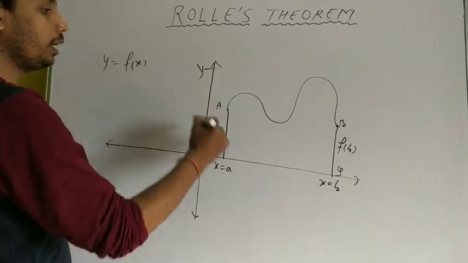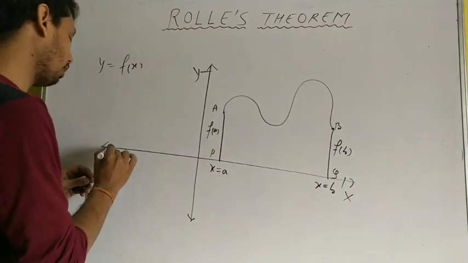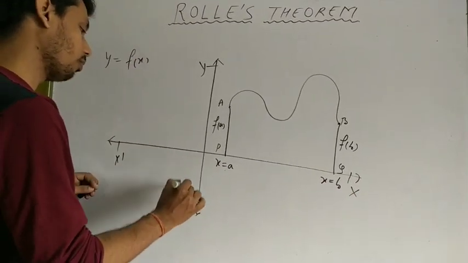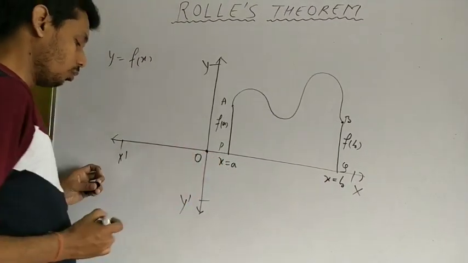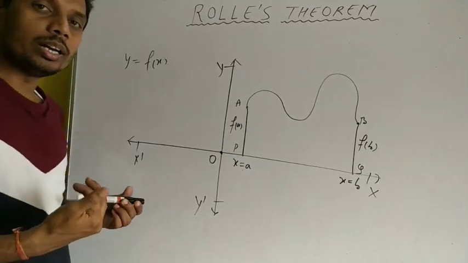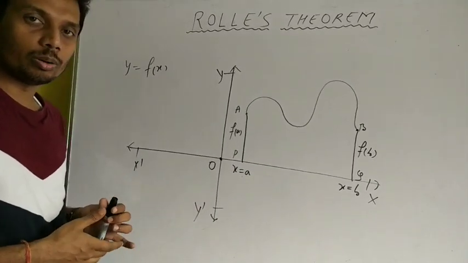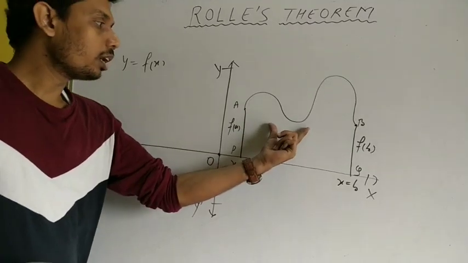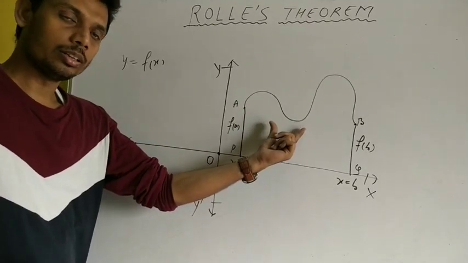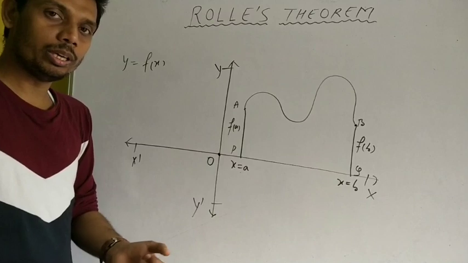This is the y axis, this is the x axis. Now we are going to understand the geometry of Rolle's theorem. This curve y is equal to f(x) is defined in the closed interval a to b.